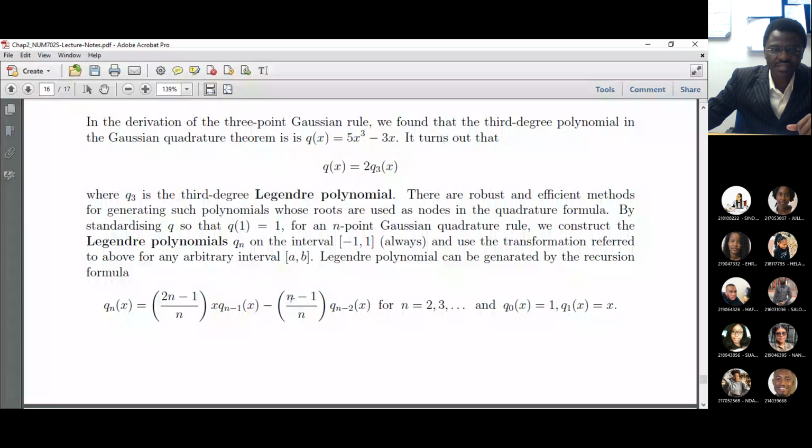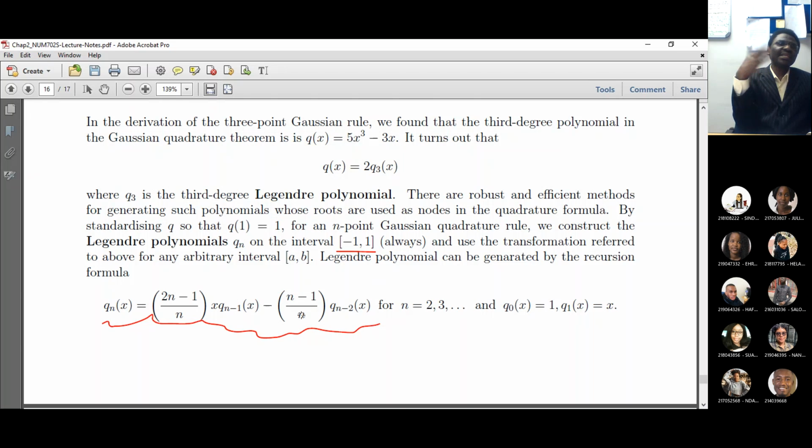We can use a similar procedure. You can see that all these polynomials are defined on the interval -1, 1. And you can use this formula to generate Q. Remember, we said that for a Gaussian quadrature formula, we need Q. Once we have Q, we compute the roots of Q. The roots of Q will give us our nodal points.